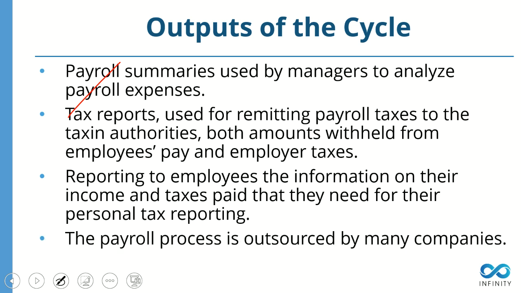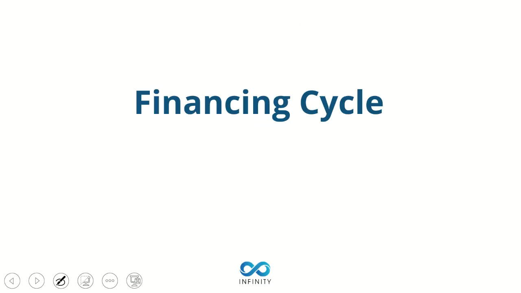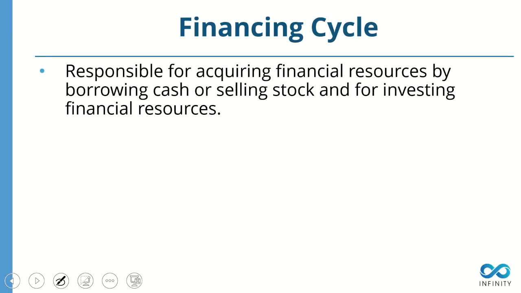In human resource. Also we can have a financing cycle. In the financing cycle also we can use AIS, responsible for acquiring financial resources by borrowing cash or selling stock, and for investing financial resources.